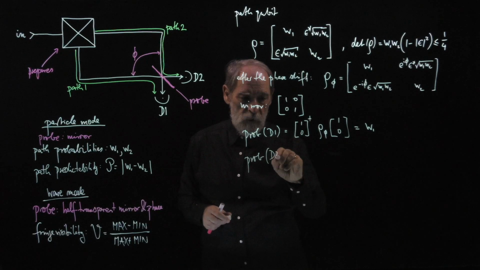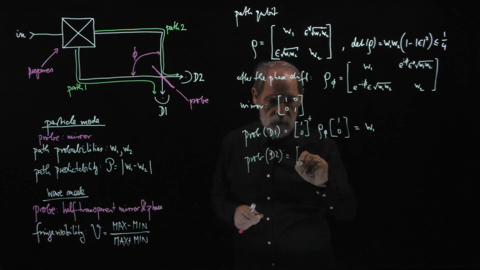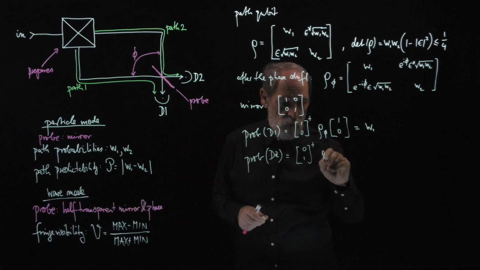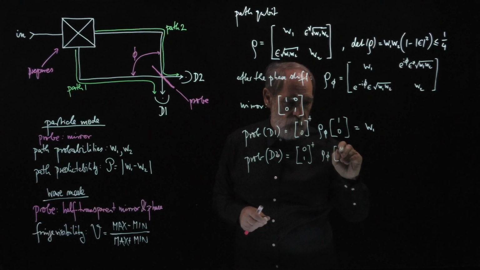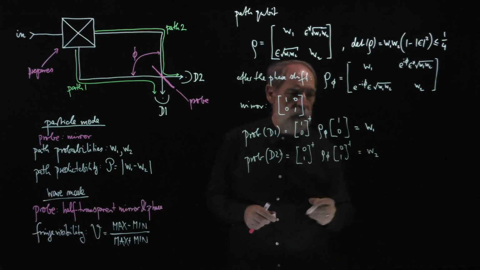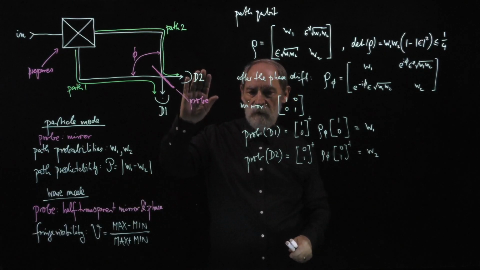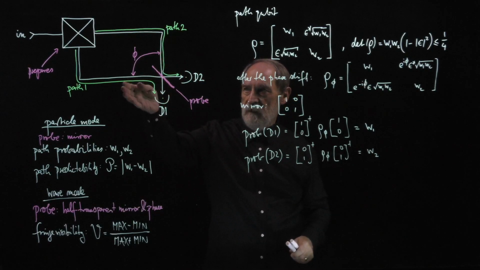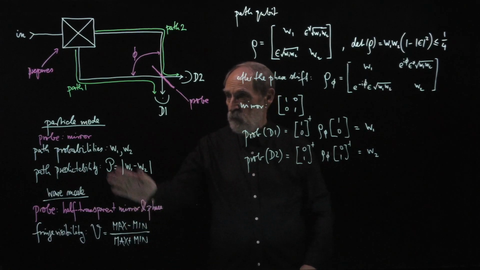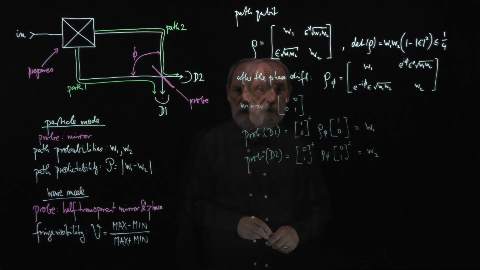And same for the probability of detecting the particle at D2. Here we have the 0, 1 row and the 0, 1 column, and we pick out W2. So that's exactly what we expect, and it confirms that the phase that we introduce has no consequence when we operate the interferometer in particle mode.